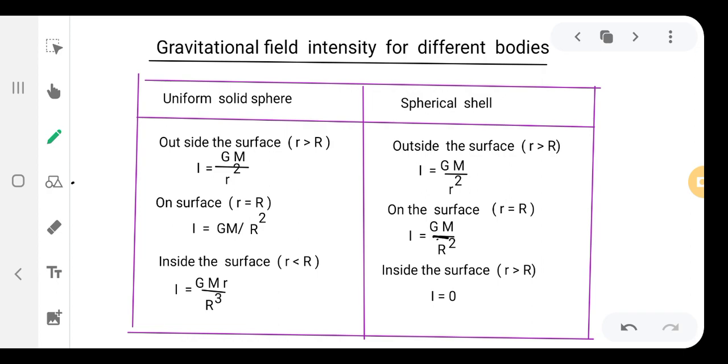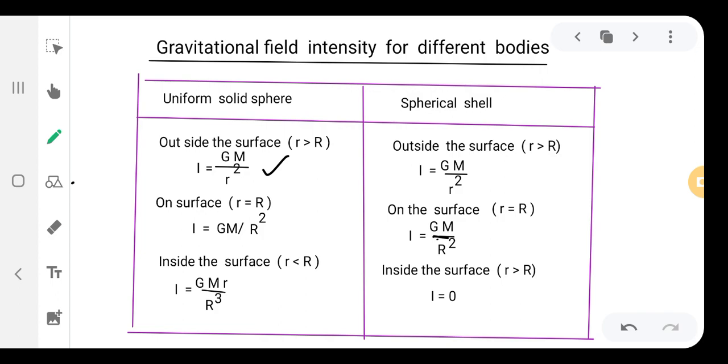Some body will be a solid sphere, some will be a spherical shell, that is a hollow spherical shell. For the solid sphere, outside the surface we have I equal to G M by r square, where r is greater than R, and on the surface, where r equals the radius R of the body, I is equal to G M by R square. Inside the surface, r is lesser than R, I equals G M r by R cube.